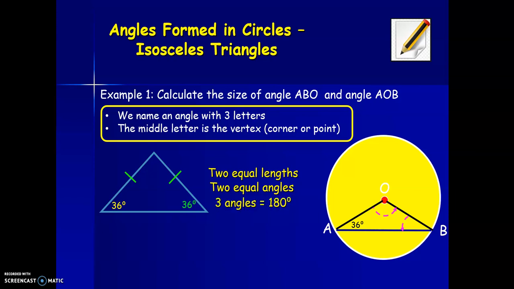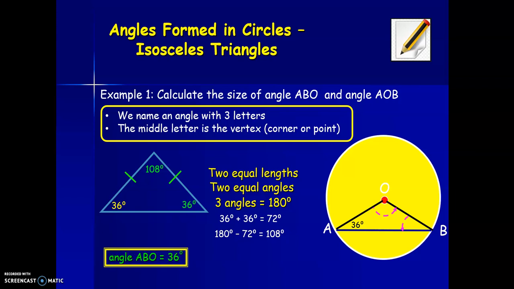So we know that 3 angles in a triangle equal 180 degrees, so to get the last angle in the triangle, we add these 2 angles together and take the answer away from 180 degrees, and that gives us 108 degrees. So from the diagram, angle ABO is 36 degrees and angle AOB is 108 degrees.